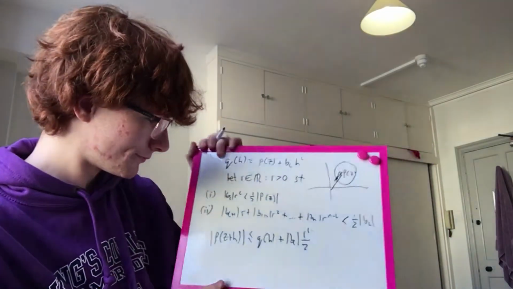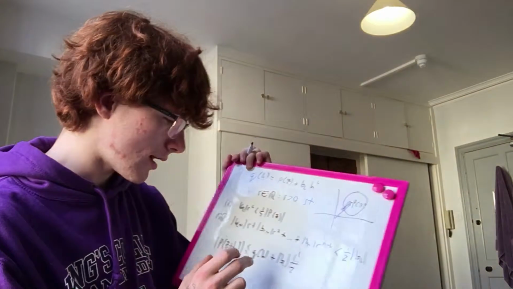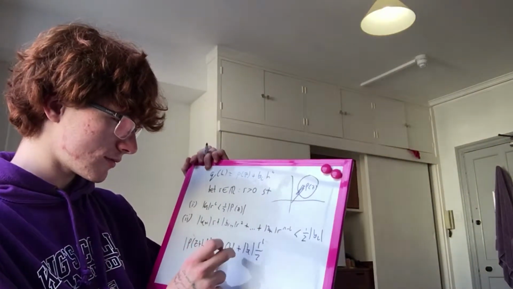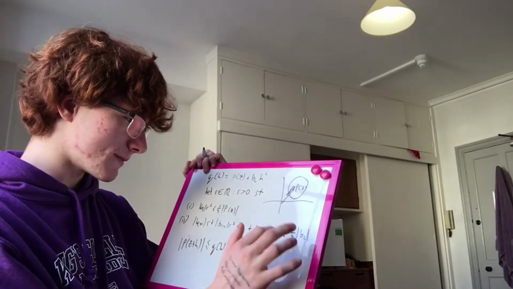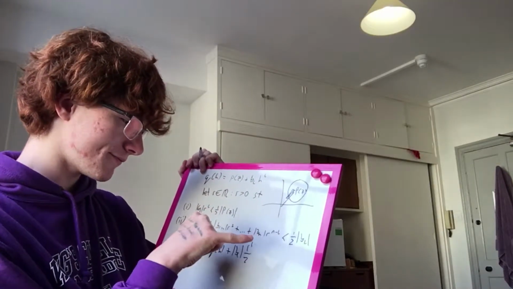The other thing that you can create using the other attribute of R is that the absolute value of P of Z plus H is less than or equal to absolute value of Q of H plus absolute value of B of L R to the L over 2. Now, that's because this half B to the L is bigger than this entire segment.